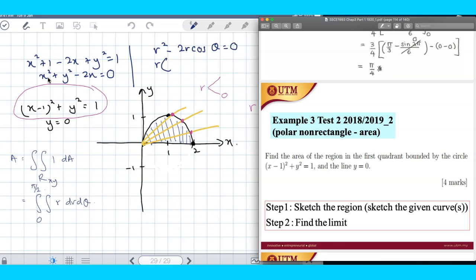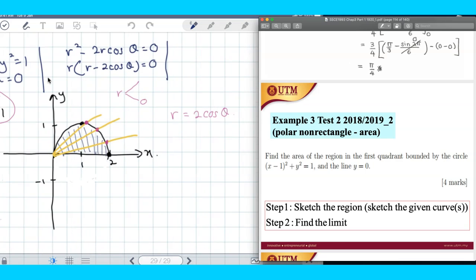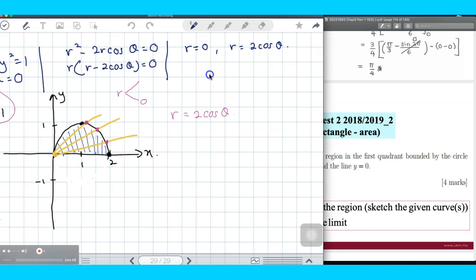Then factorize: r times (r minus 2 cos theta) equal to 0. Then you have r equal to 0 and r equal to 2 cos theta. r equal to 0 we know is the origin, which does not tell you the whole graph. So this one is supposed to be 2 cos theta, which is this one.